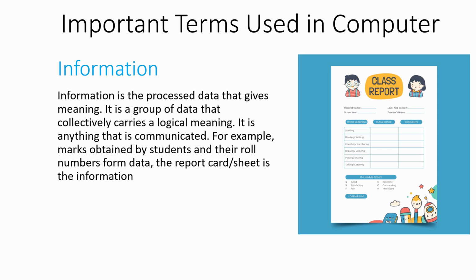However, the report card that gives the result of the student is the form of information, which can be understood and easily communicated with each other. So information is a processed form of data that gives a logical meaning.